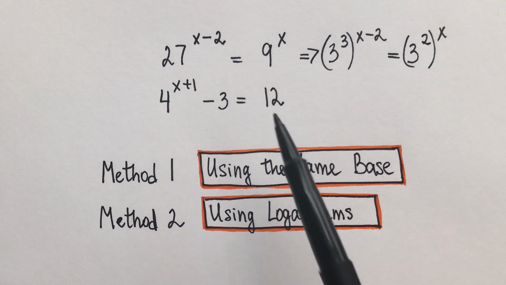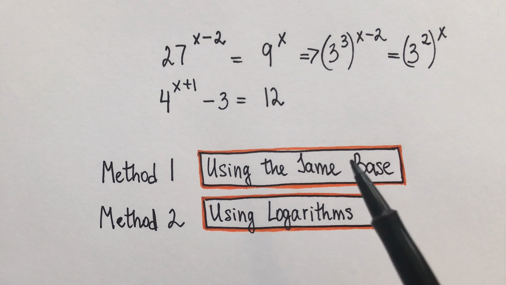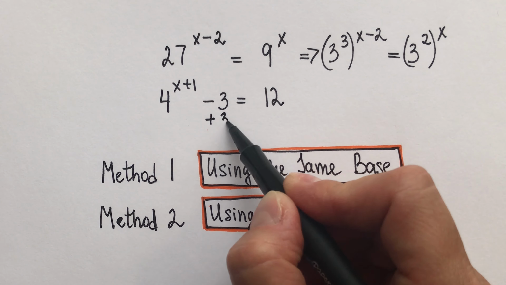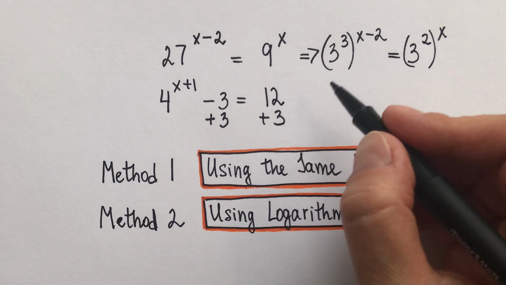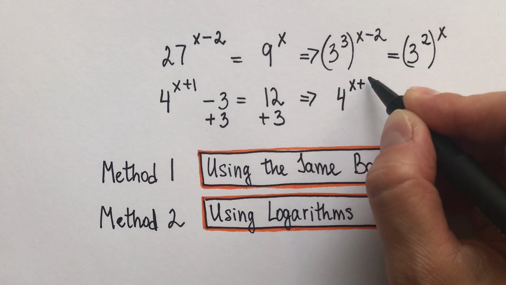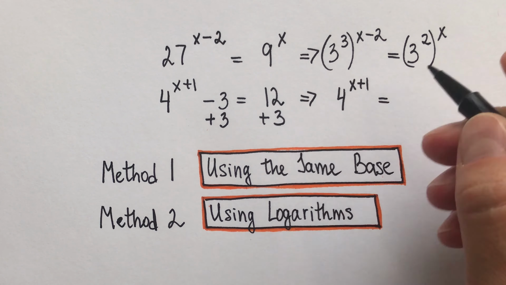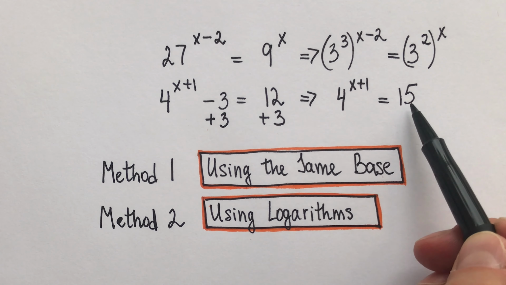Now, let's look at the second equation. Right now, we can't tell if we have the same base because we have negative 3 in our way. Let's add 3 to both sides in order to isolate the exponential term. We will have 4 to the power of x plus 1 equals 15. Our bases are 4 and 15.